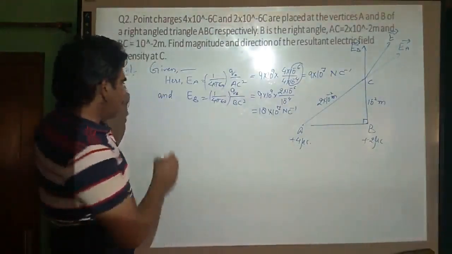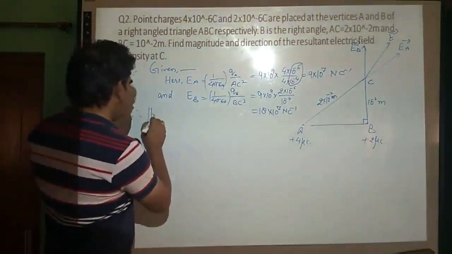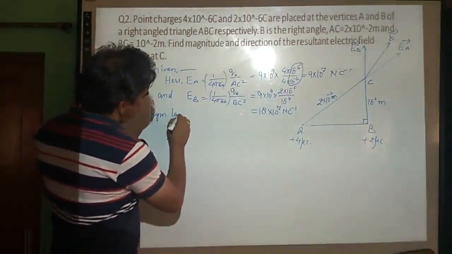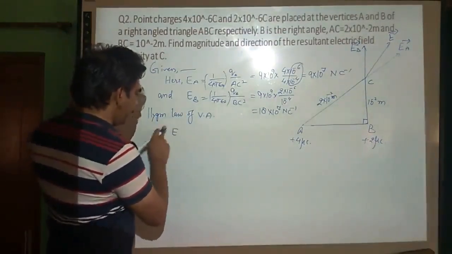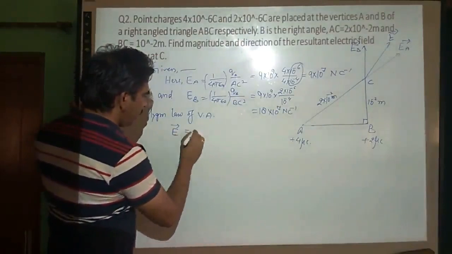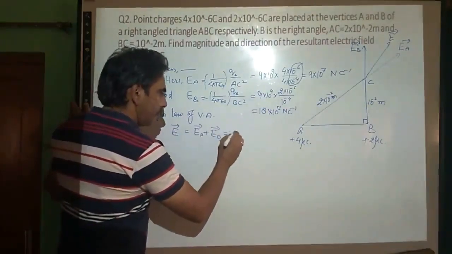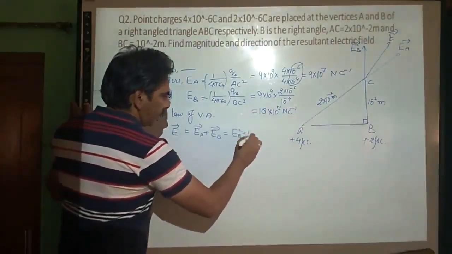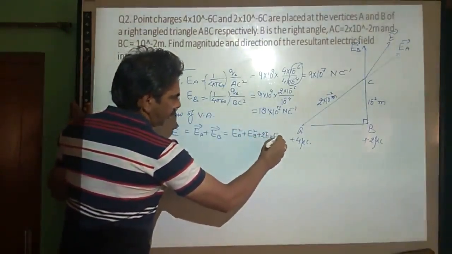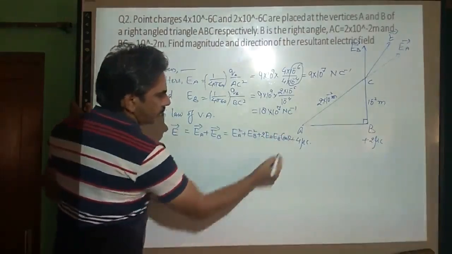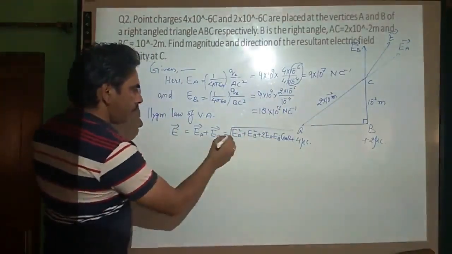Okay. So by vector algebra, or we can say parallelogram law of vector addition, which we can use here. By parallelogram law of vector addition, the net electric field, it is given by EA plus EB, which simply means EA square plus EB square plus 2EA EB into cos of theta, where theta is the angle between EA and EB, under root, by parallelogram law of vector addition.